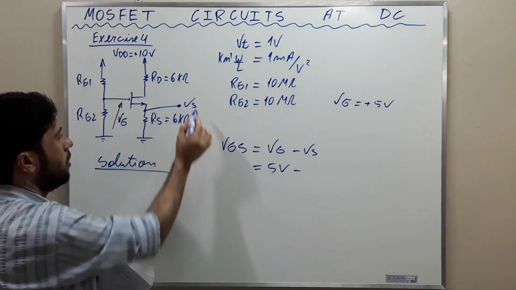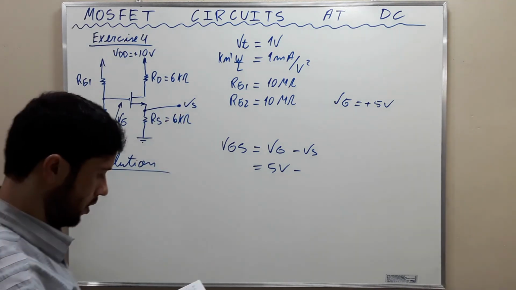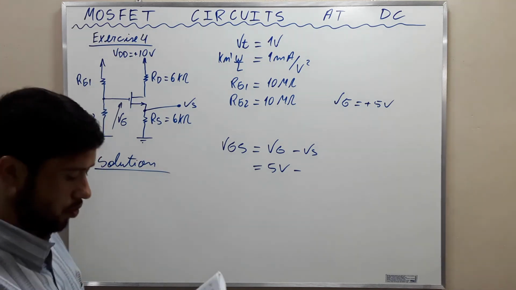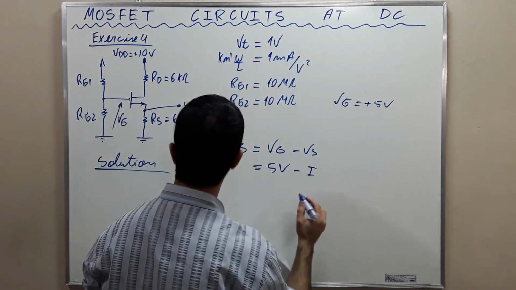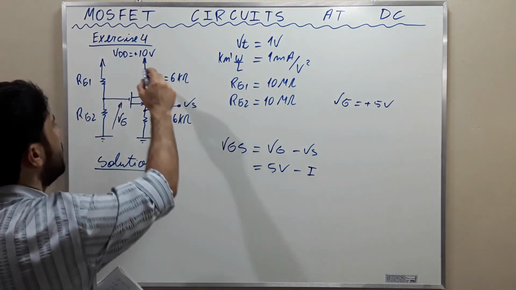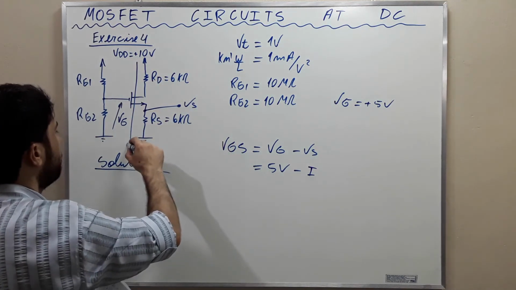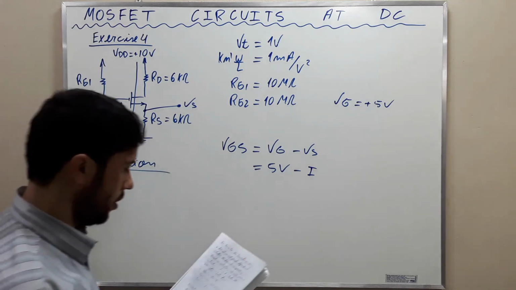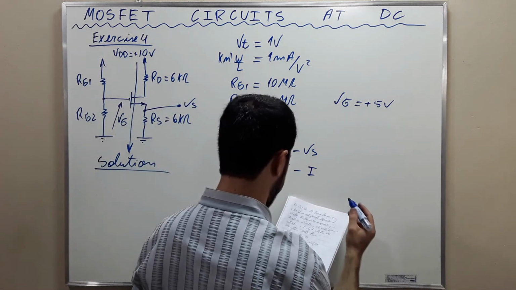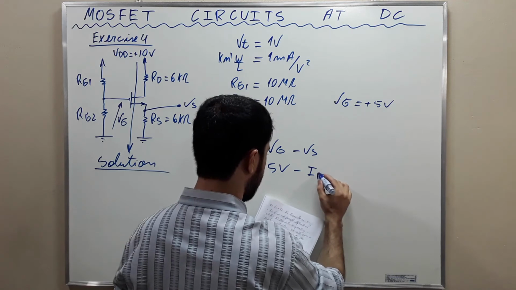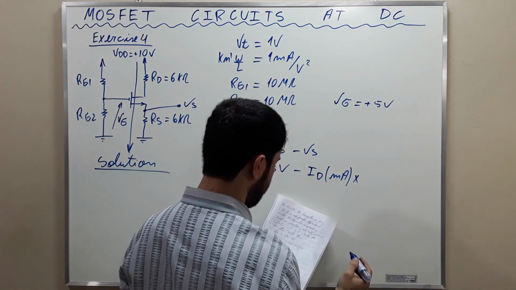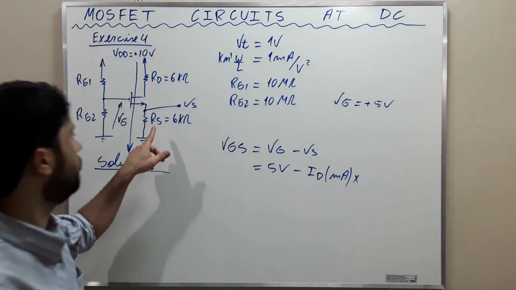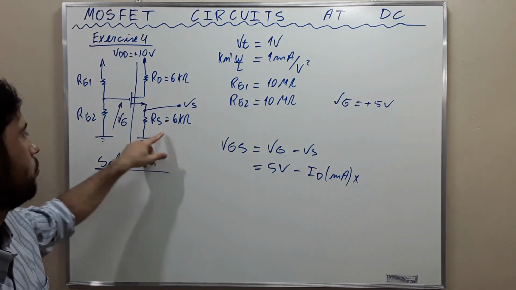We don't yet know. What we can do is to multiply the current ID, the current that's going to flow here, which is going to be in milliamperes, by this resistance here, 6 kilo ohms, okay?